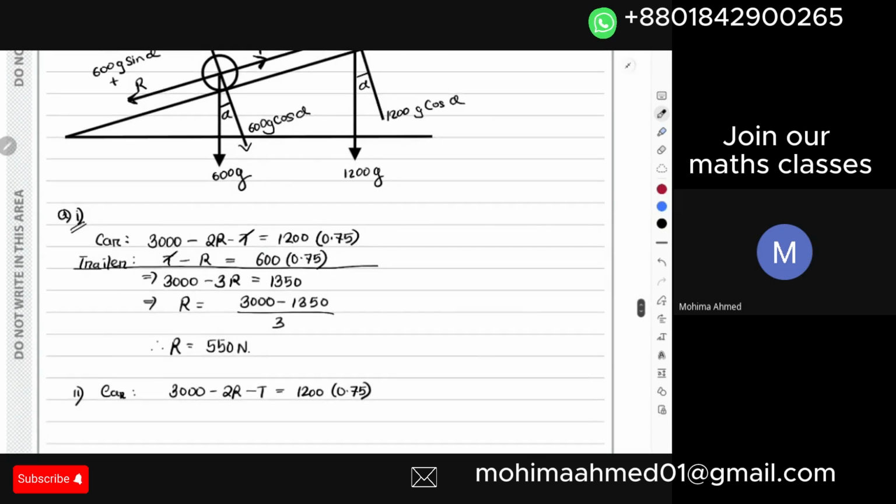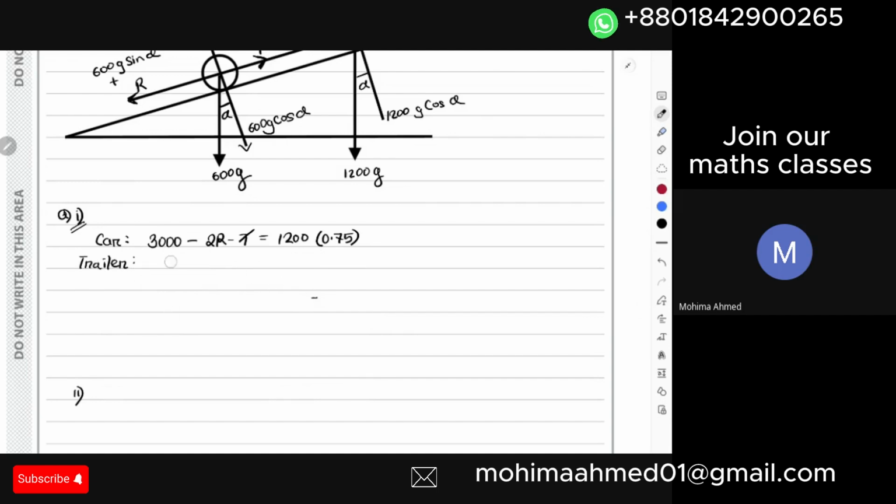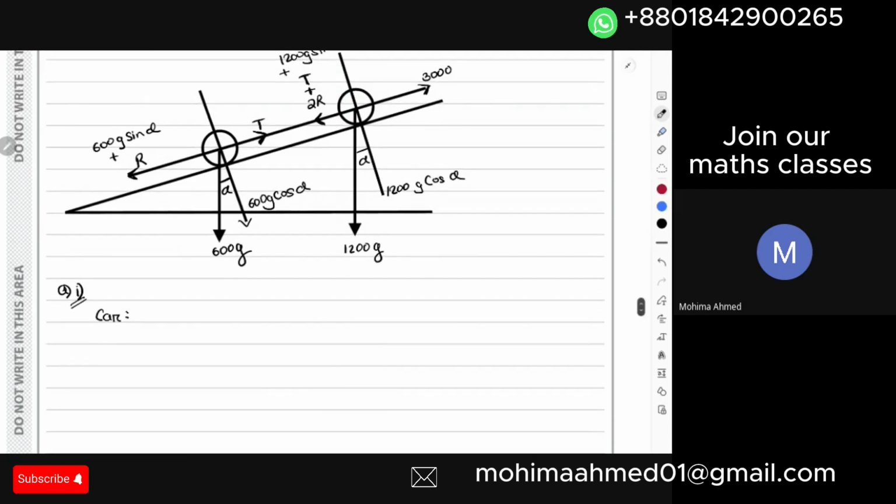So in that case, this part we'll have to recalculate, sorry. For the car, we have to use 3000. By the way, sine alpha, the value for that was 1 by 12. So we have this minus 2R minus T minus 1200 G with 1 by 12, or we'll just write this as sine alpha.